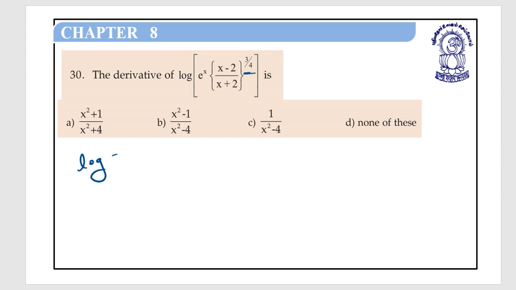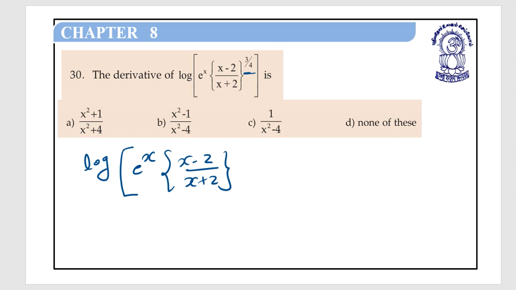Log in the bracket e raised to x, x minus 2 upon x plus 2 raised to 3 by 4. So here log is used. Okay, so first simplify this.